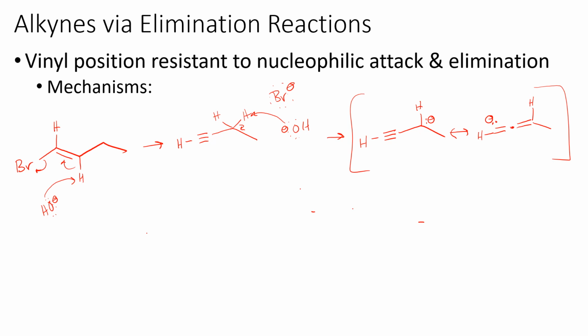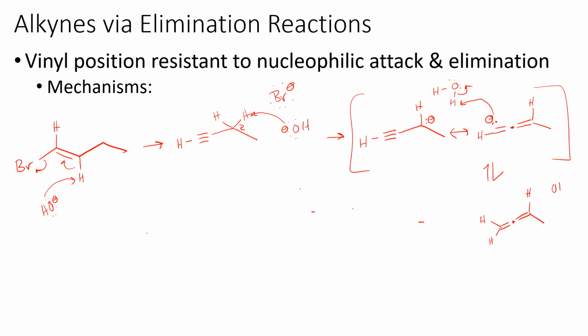We still see this nice linear structure, but now that carbon atom has two double bonds on either side of it. From here, we did generate water as well through that deprotonation, so we will reprotonate the carbanion that we generated. We end up with this structure that has two double bonds side by side.